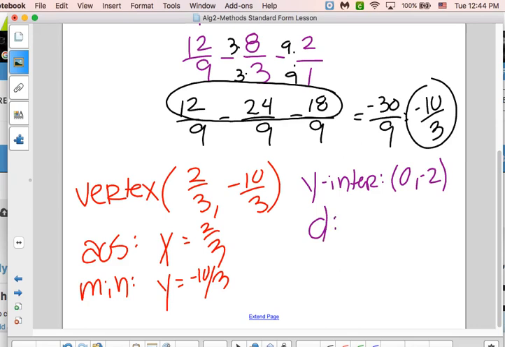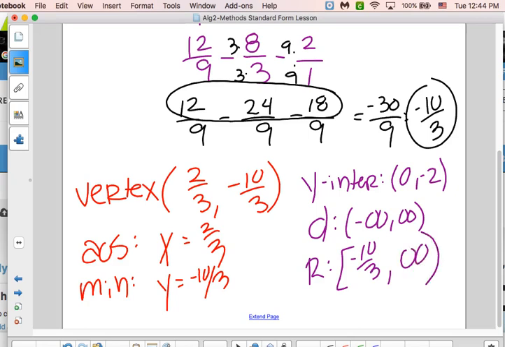What's the domain of all quadratics? The range, since this guy is going up, what's the lowest point at? -10/3. And then how high up will it go? So this is the jump of the algebra 2 is not going to change.